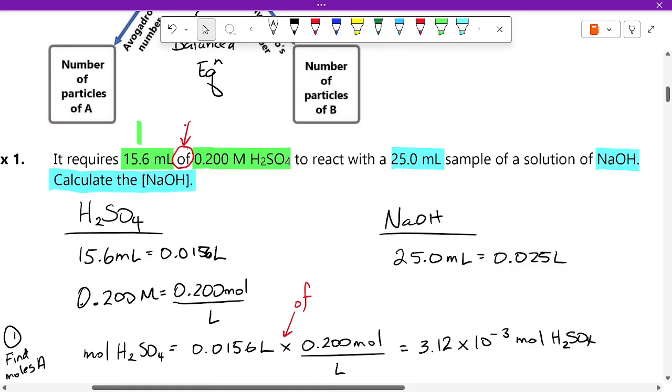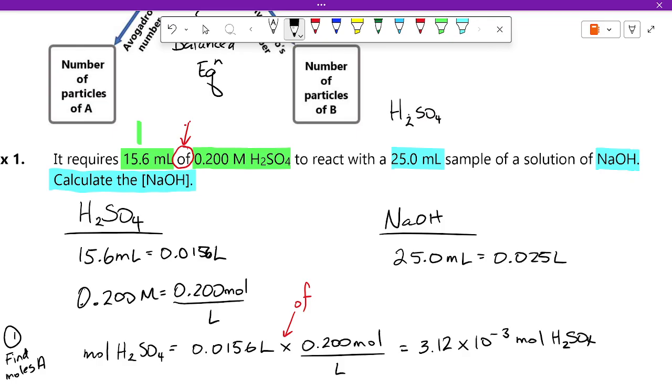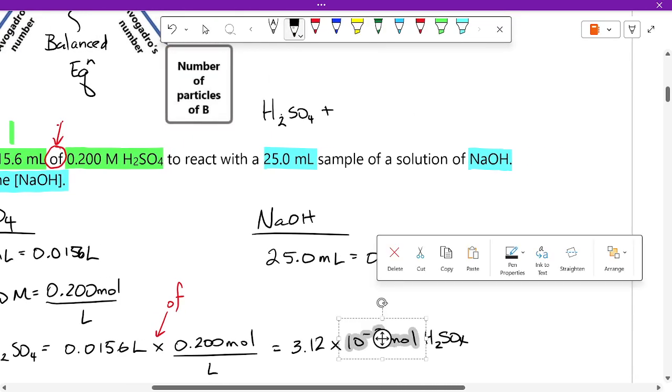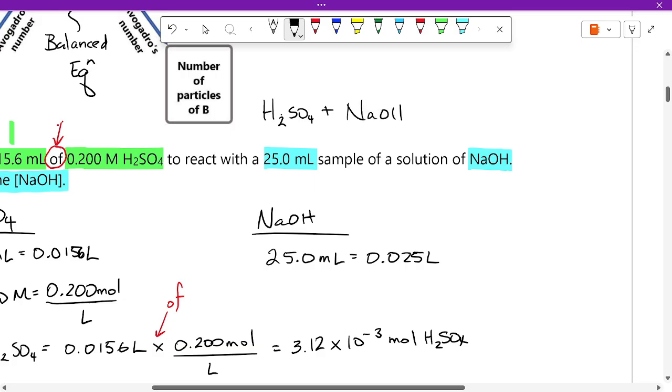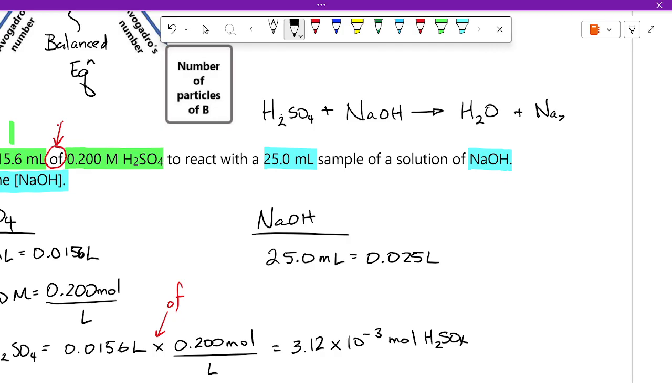So let's write ourselves a balanced equation. I'm actually going to write it up here because I got room. Who are our products? Water. And Na2SO4, yes.